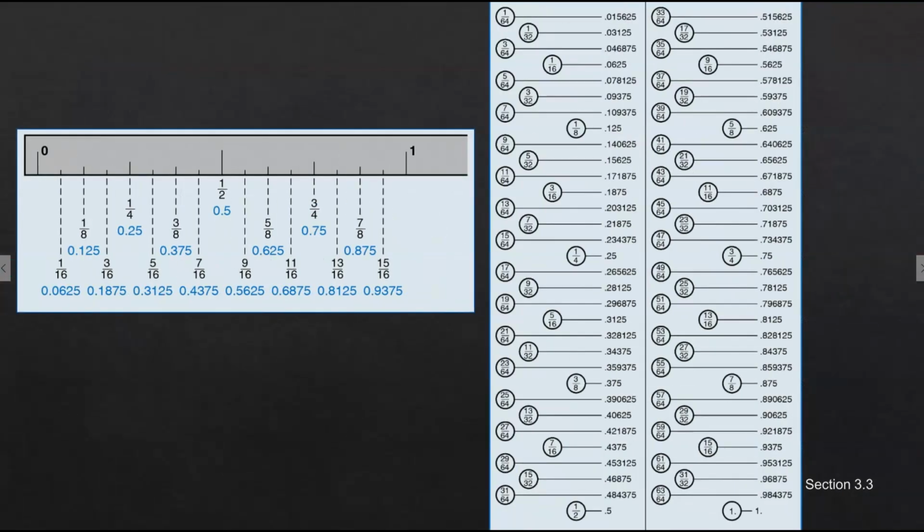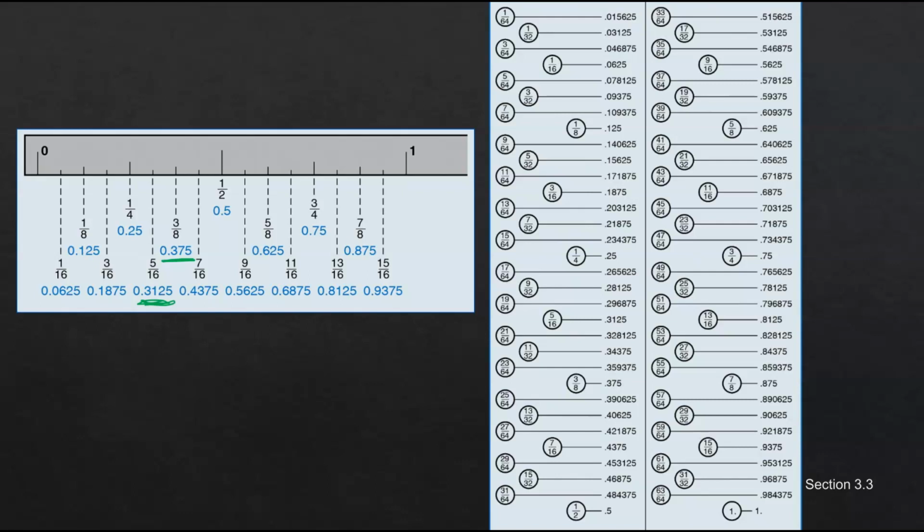If we look at the chart over here, and we look at the different numbers on this, 5/16 is 0.3125. This would be 6/16, so our number's right in between those two.